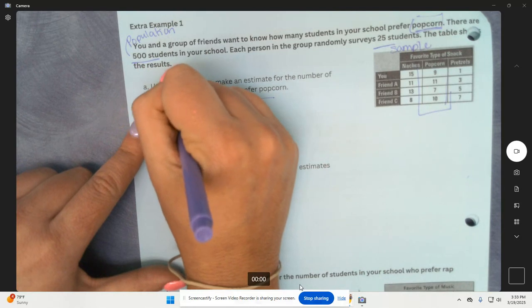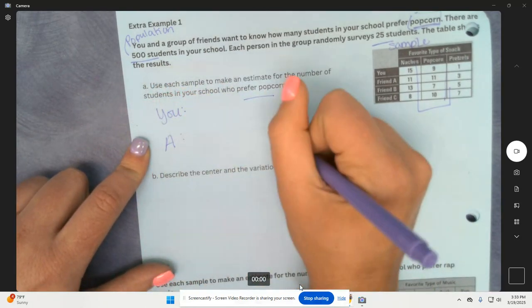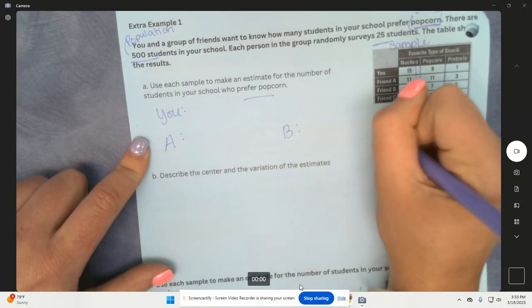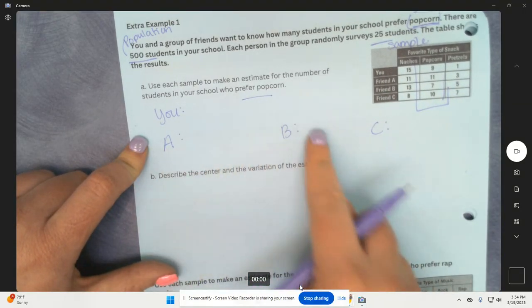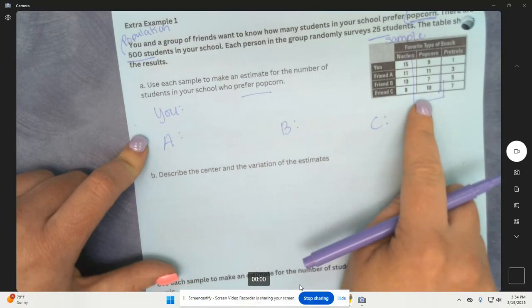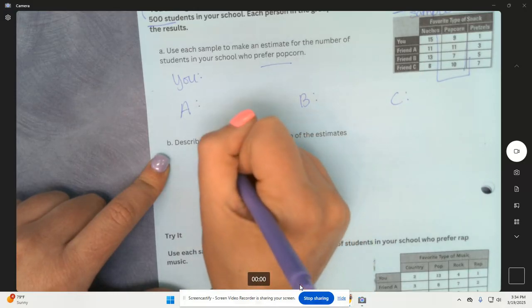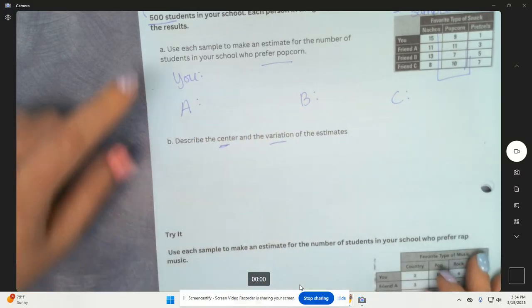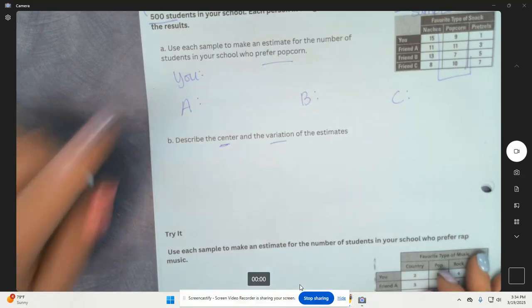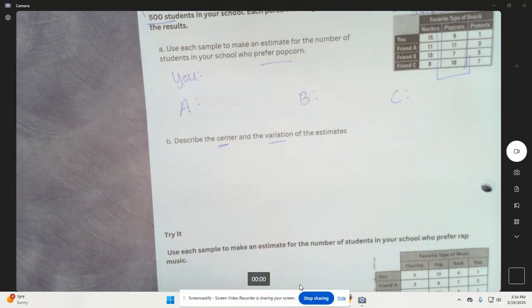You're going to organize your work where you have friend A, friend B, and friend C. And you're going to find the prediction of the population based off of this. And then in part B, you're going to do the same thing that we did in example 1. You're going to find the center, and you're going to find the variation of each of these. Okay, and when you have done this, unpause the video and I'll show you the answers.